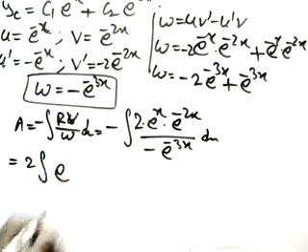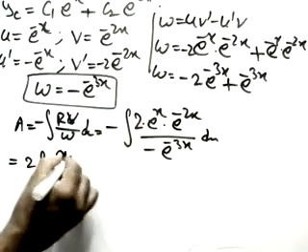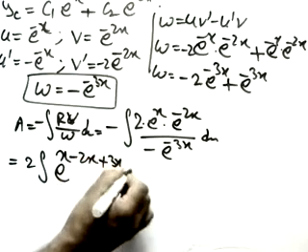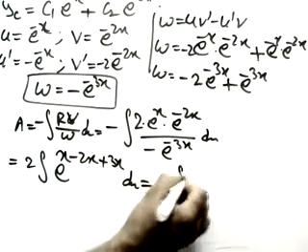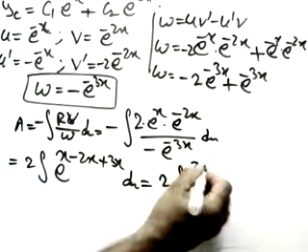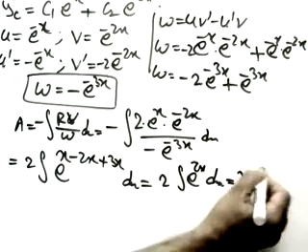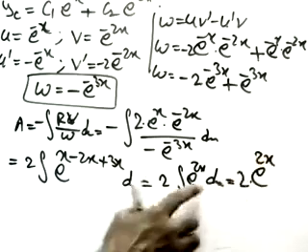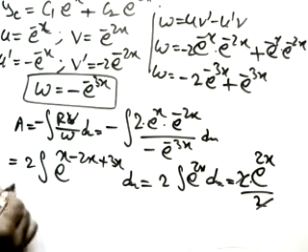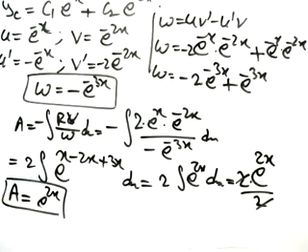Take 2 outside: 2 into integration of e power (x minus 2x). If we bring minus 3x to the numerator, it will be plus 3x. So 2 into integration of e power (3 plus 1 is 4, 4 minus 2 is) 2x. Now let me integrate. Integration of e power x is e power x, but with x we are having 2, so divide by 2. The 2 will get cancelled. So we get the value of A as e power 2x.